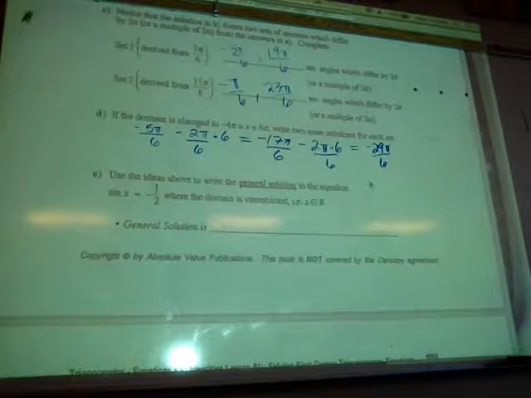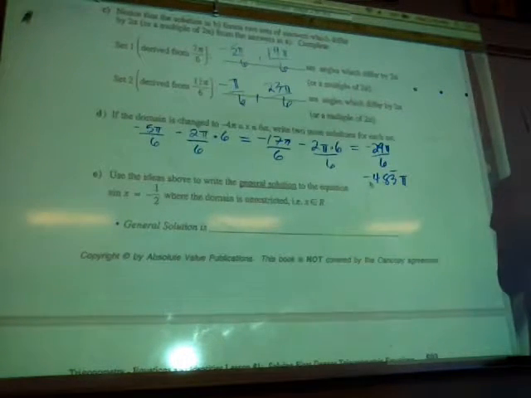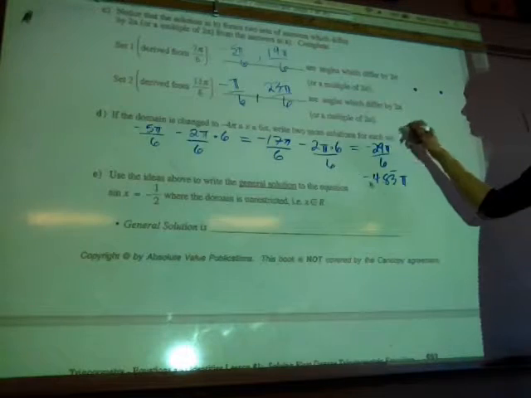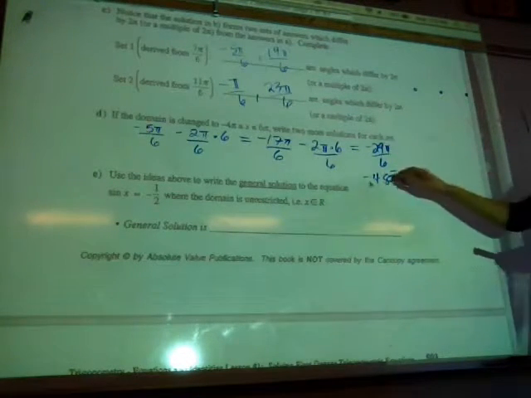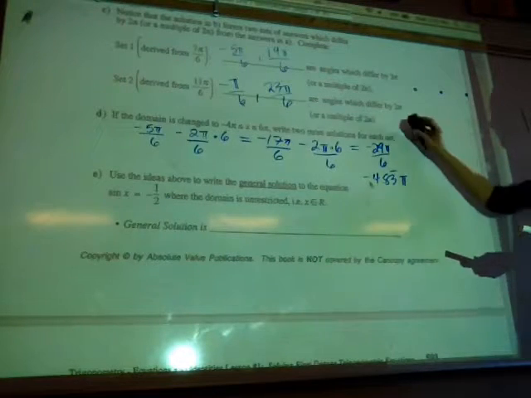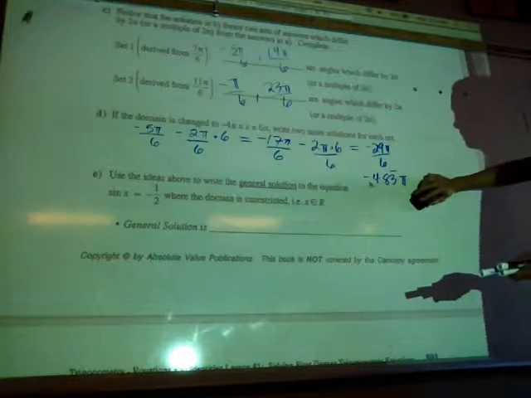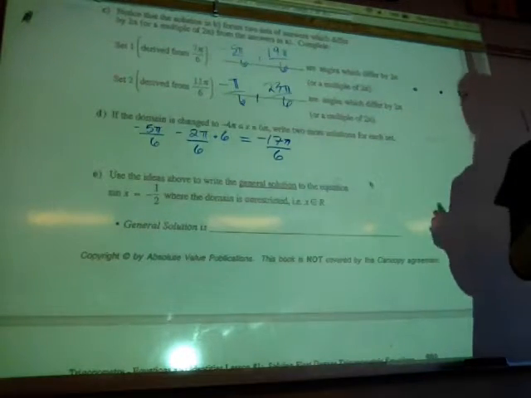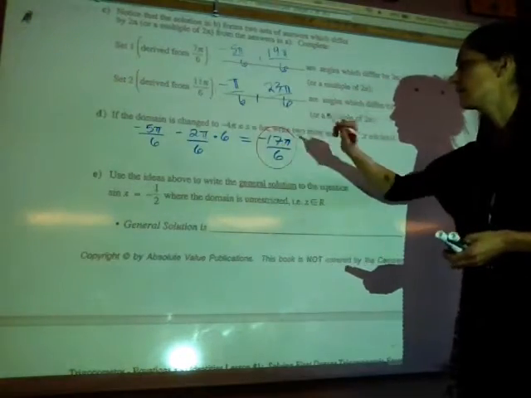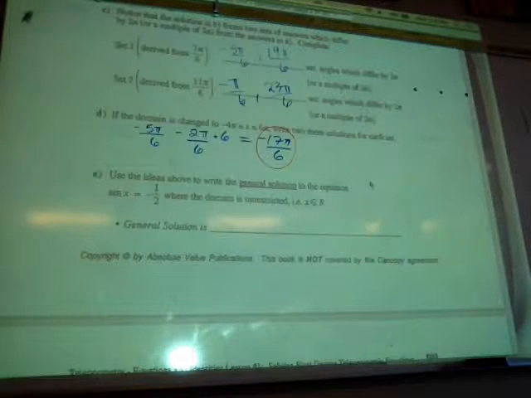So negative 29 divided by 6, I'm getting negative 4.83 repeated pi. Is that outside of the domain? Yeah, so I've gone too far. This one cannot be part of my solution. So you guys can just put an X through it and explain that it went too far. I was just going to erase it because it doesn't fit in. Okay, so you can cross it off or erase it. So you can just test, did you go too far or not? This one fits within the domain. If I went one more rotation, it wouldn't have.